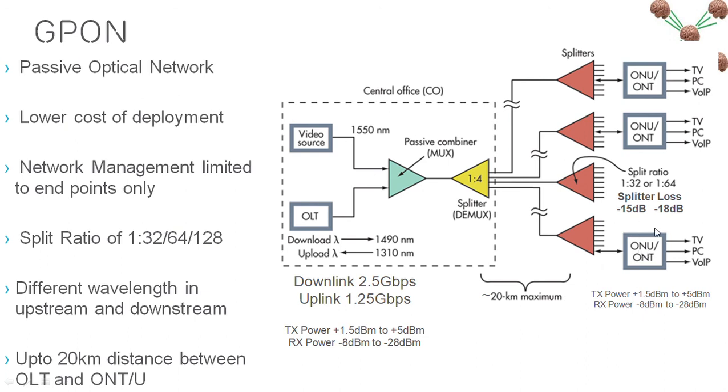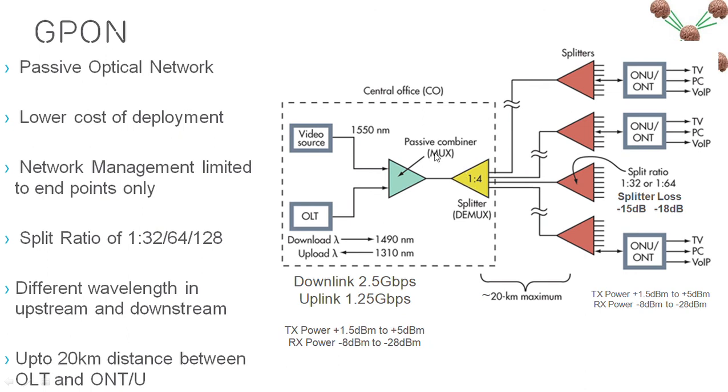All other users will reject this packet, because this packet will be received by all of them, because it's a passive network. Anything which comes to this splitter is simply split. The same signal is being sent to all of these clients. So splitters simply split whatever they receive.